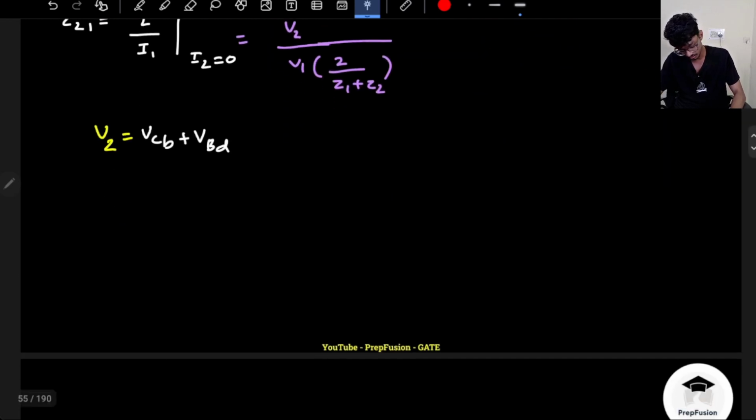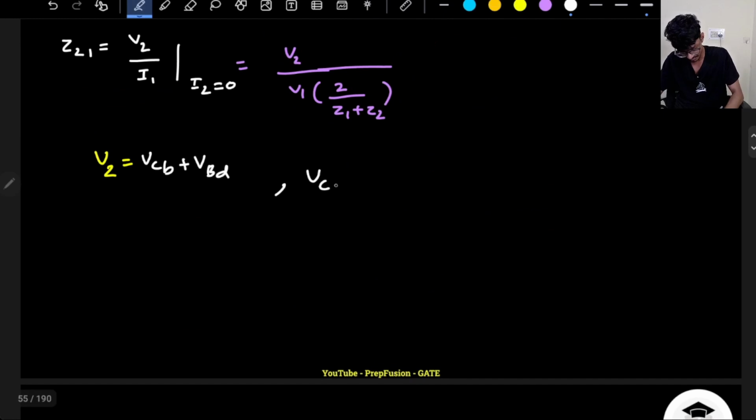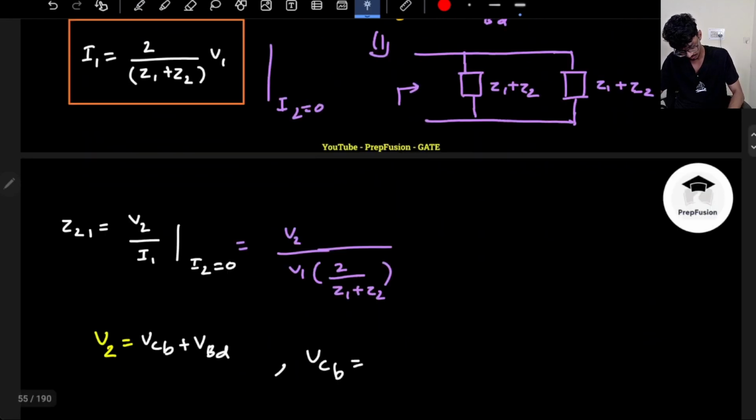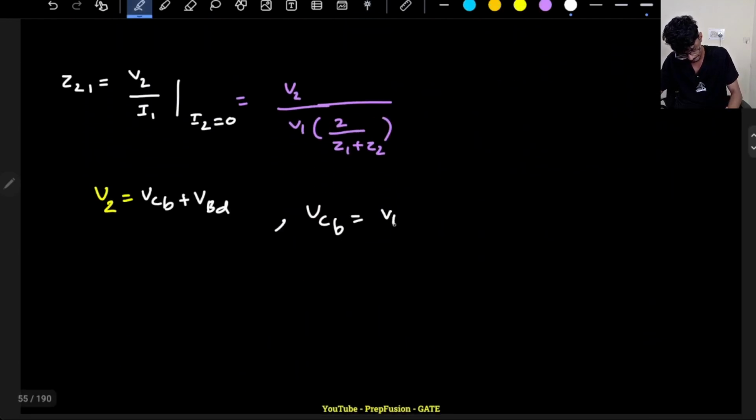So VCV is equal to V1 into Z2 divided by Z1 plus Z2.